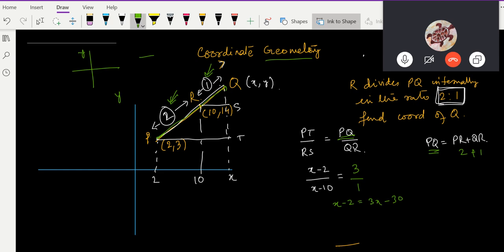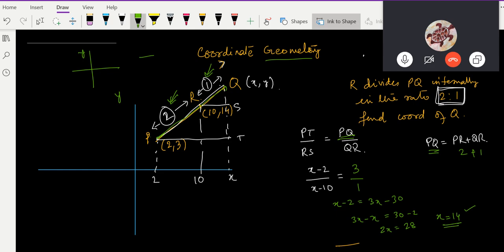We bring x to one side, so 3x minus x is equal to 30 minus 2, which becomes 2x is equal to 28, so x is 14.